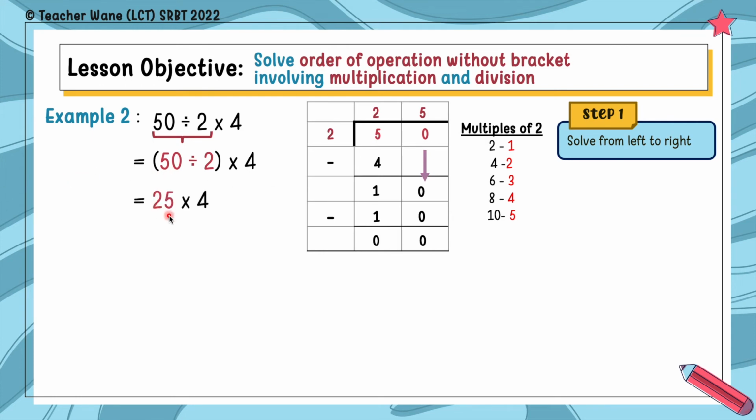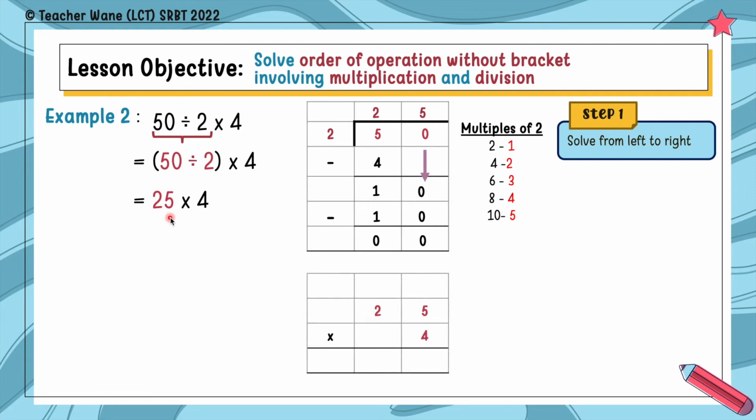So 25 times 4. Don't forget you have to multiply with 4 because we haven't solved this one yet. So I will show you the working. You can write down the multiples of 4 if you're not familiar with timetable 4. So I have here 4 times 5. What is 4 times 5? 4 times 5 is 20.